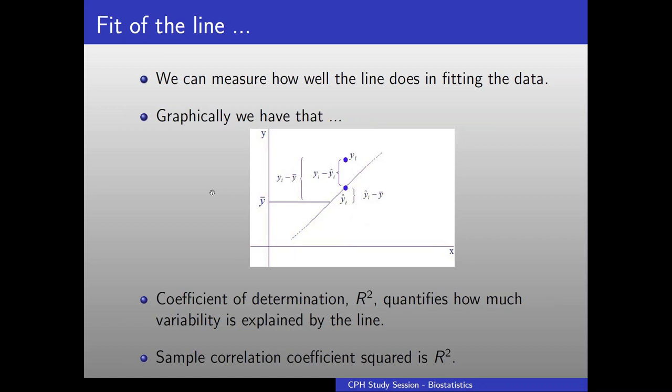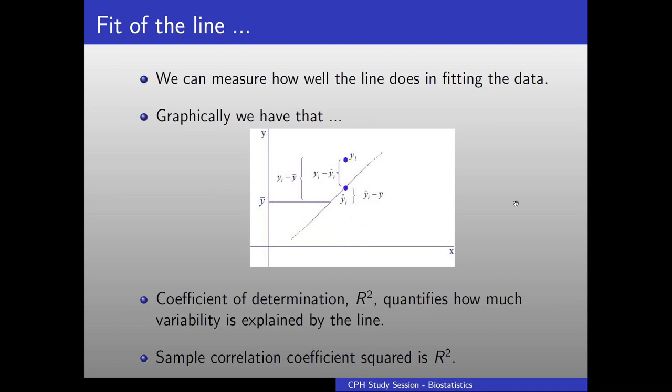With this amount explained, you still have some unexplained, and that's this portion here. So what you've done is divided what you needed to explain into some parts that you can explain and what you can't explain. The more you can explain, the better the fit of the line is.